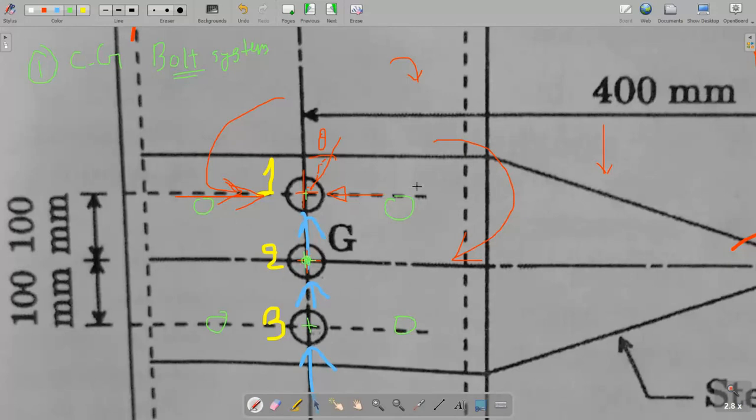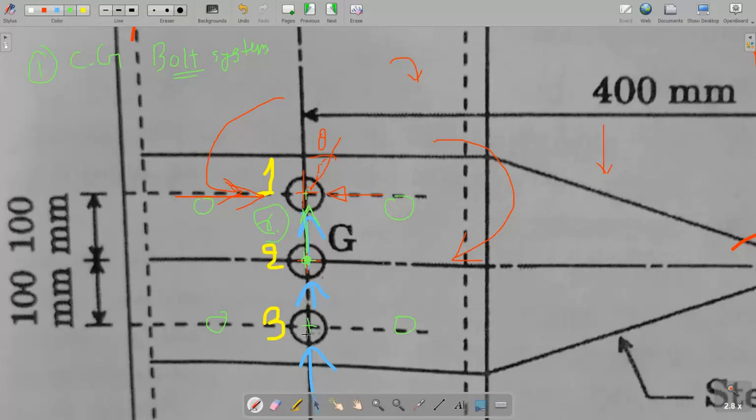But the R1 and R2 that I have written are the least distance, or you can say the perpendicular distance, against the direction of the force. Like here the force is acting in this direction, so the perpendicular distance is this, and this is R1.